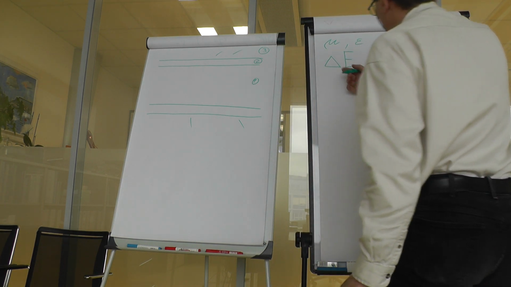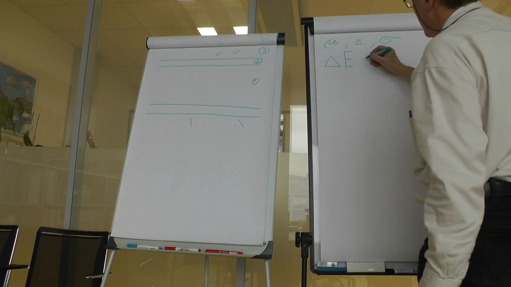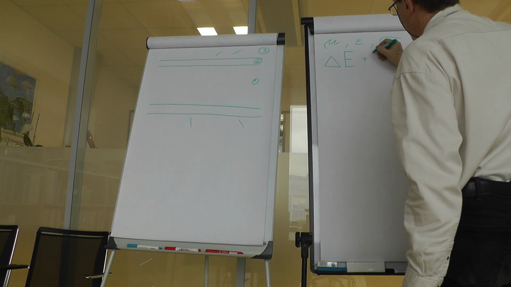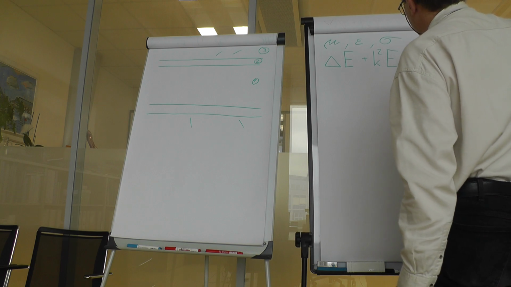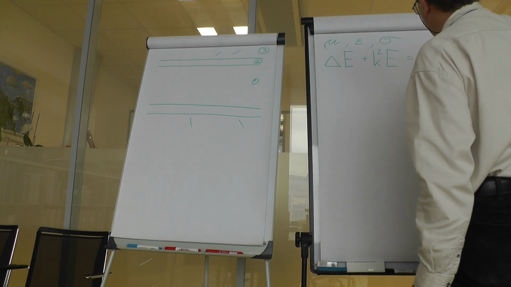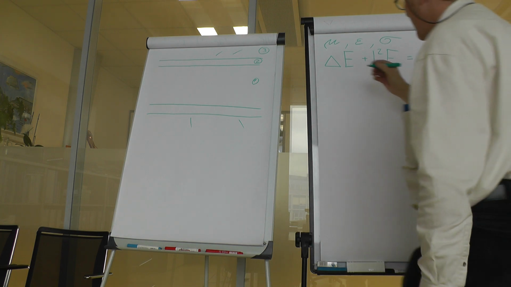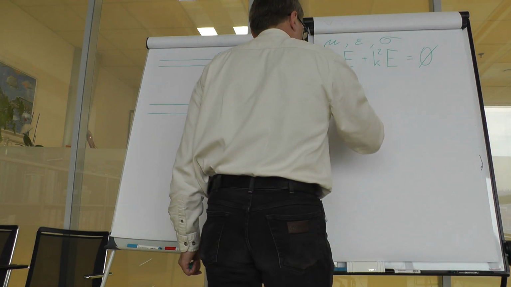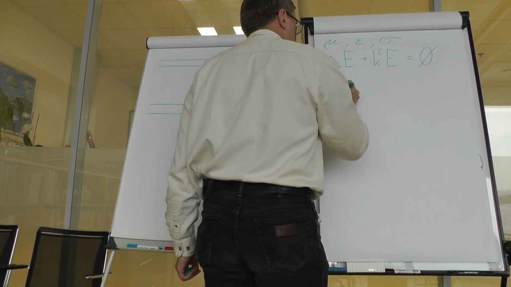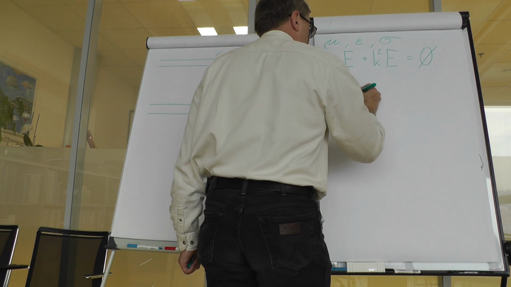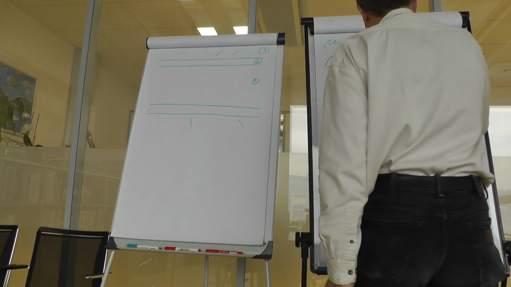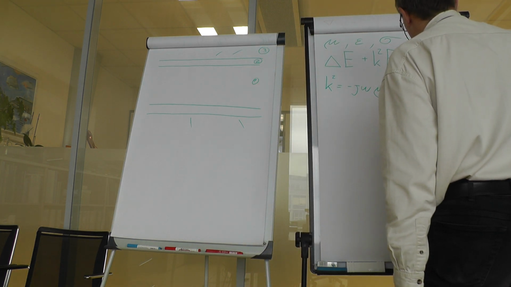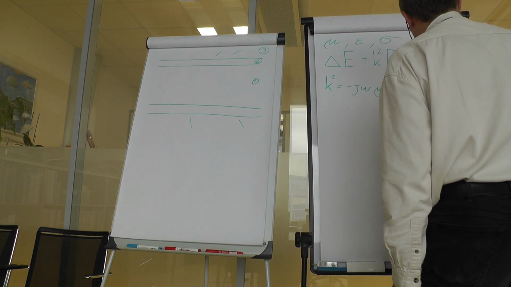That would be Laplace applied on E plus k squared E is 0, where k squared stands for minus j omega mu times (j omega epsilon plus sigma).